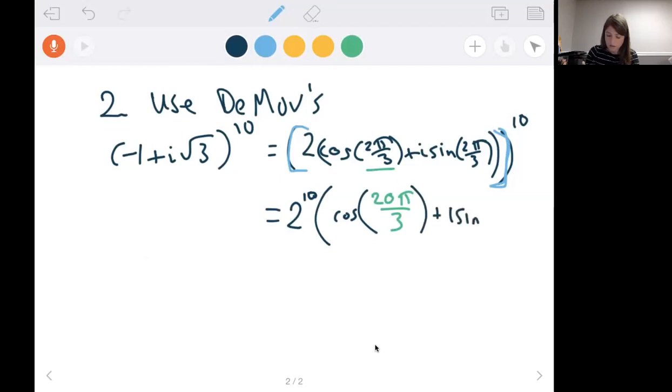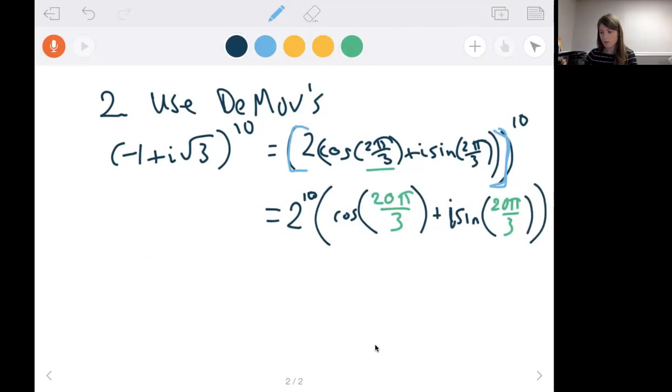And then we want to also do the same thing here. Now, in this case, I don't put the exponent of 10 anymore because I've taken care of that by raising the radius to the 10th power, and then multiplying our 10 by our argument.